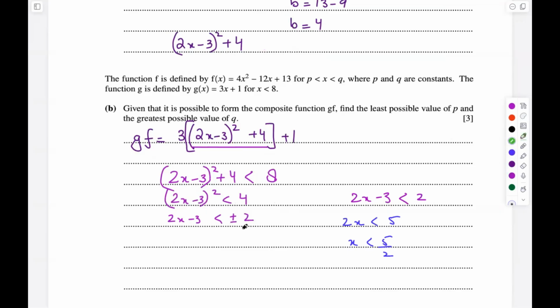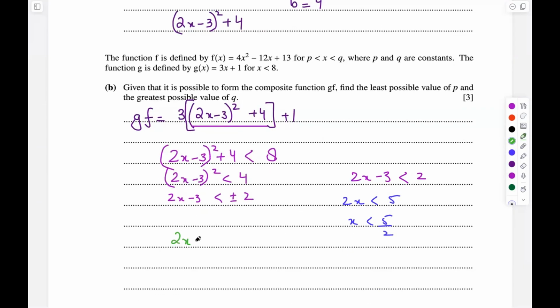And to find the value of p, we can write it as 2x minus 3 greater than minus 2. Taking 3 to the right hand side, that will become 2x. To understand this, we have to find the values of p and q. So x will be greater than p. The lower value in this case will be minus 2 plus 3.